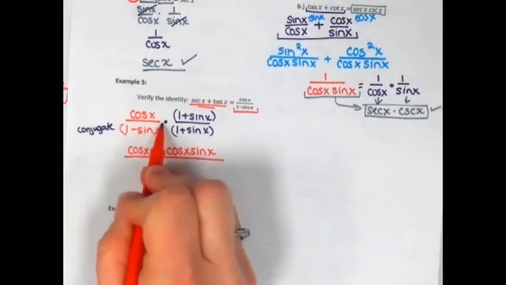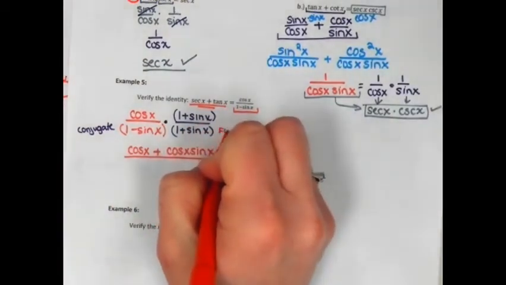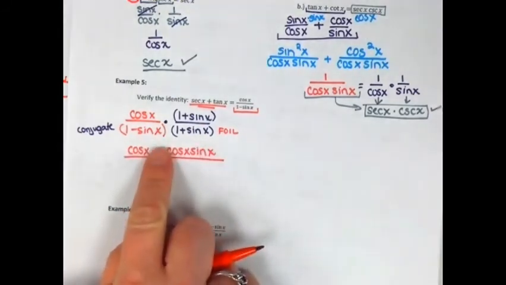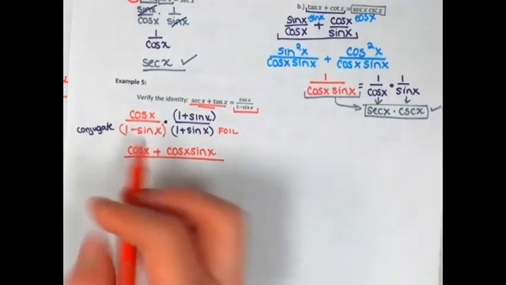Over, now how would I multiply 1 minus sine x and 1 plus sine x? How do I multiply that denominator? Can't I FOIL it? And when I FOIL it, what happens to those outside and inside terms again? Won't they cancel out? Yeah, so let's do our first term.